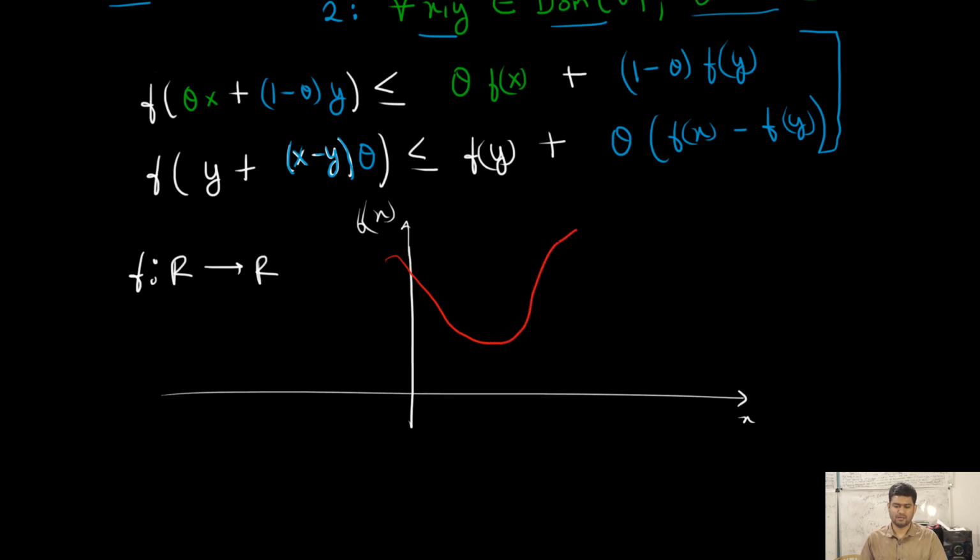If we select any 2 points in the domain of the function, and draw a chord between them, then this chord shouldn't cut the function. This chord should either remain above the function or exactly equal to it, but it cannot cut this function. So this function is not a convex function.